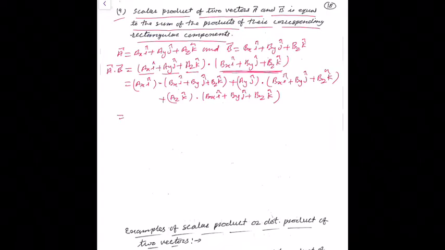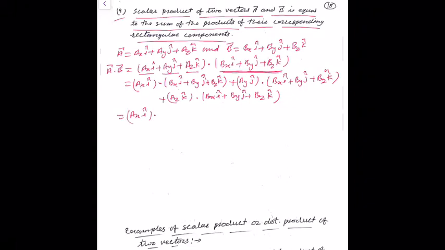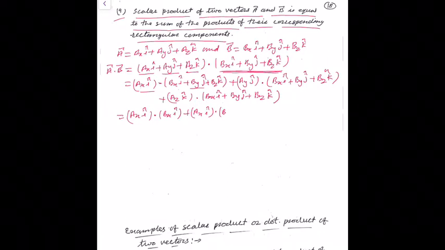We can write dot product ax i cap dot bx i cap. Next, ax i cap dot by j cap.